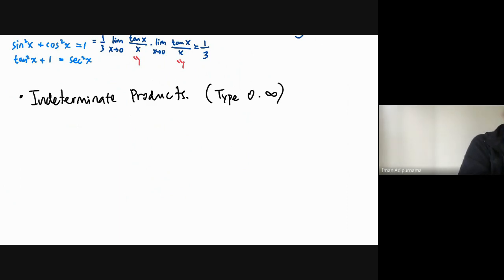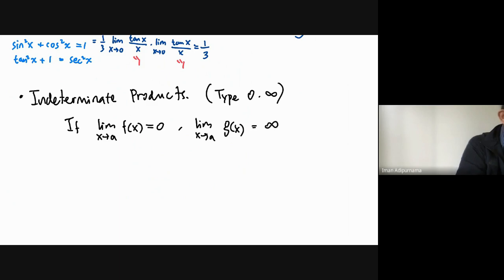Let's say the limit as x approaches a of f of x is 0, and the limit as x approaches a of g of x is infinity or maybe negative infinity. Then this will be confusing if we are going to evaluate f of x multiplied with g of x.